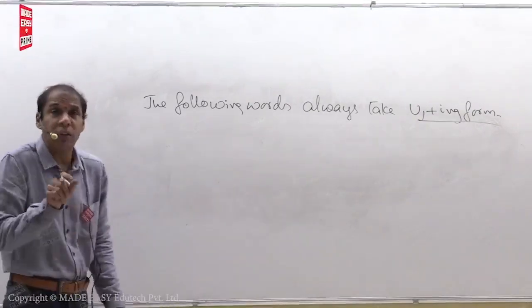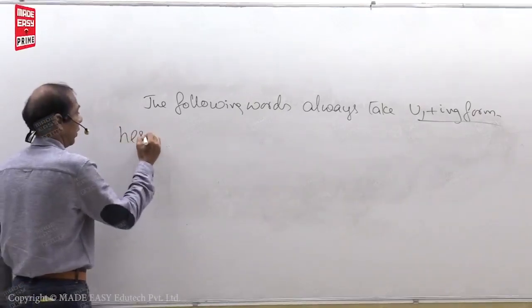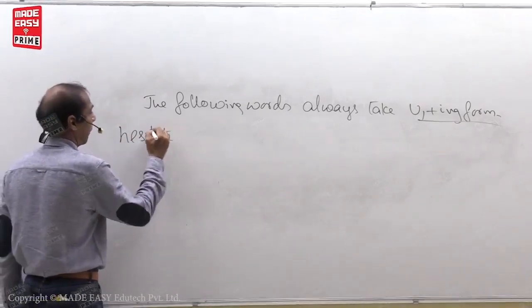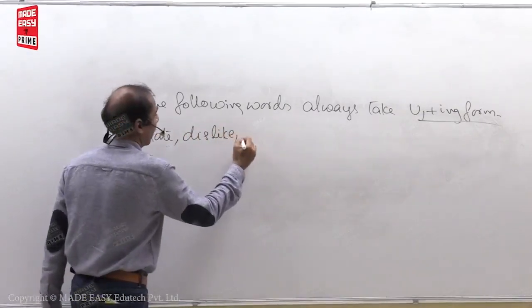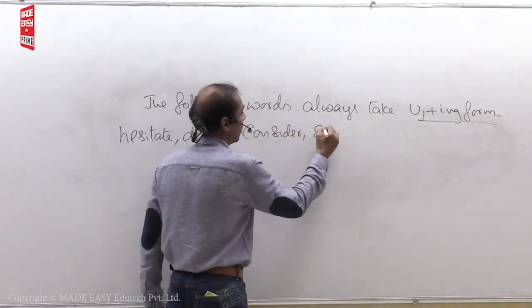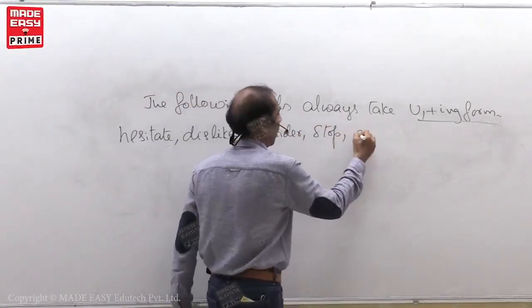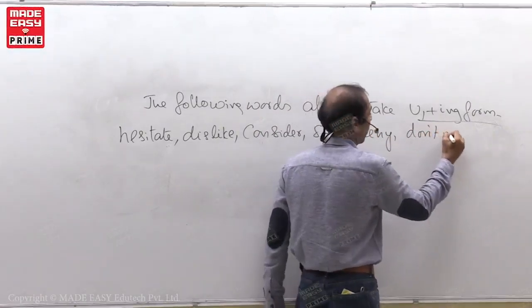These words always take V1 plus ing form. What are the words? I don't hesitate, dislike, consider, stop, deny, don't mind.